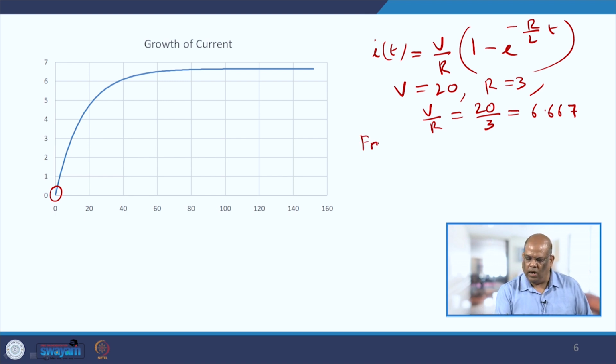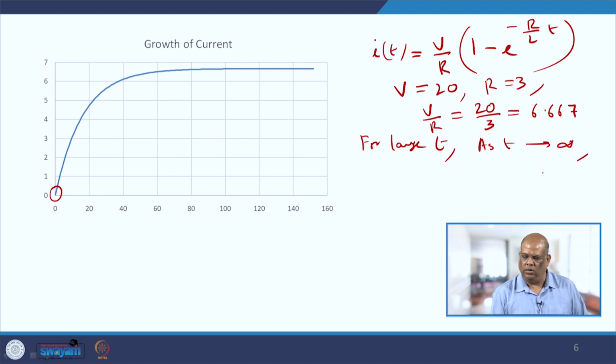So for large t, as t becomes large, e to the power minus R by L t tends to 0.